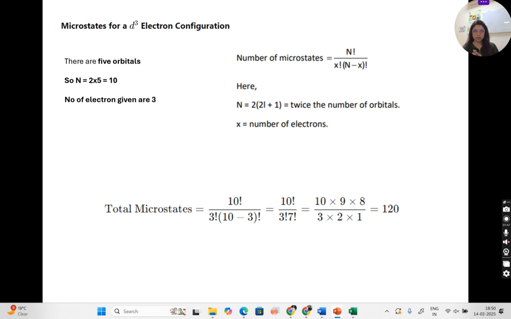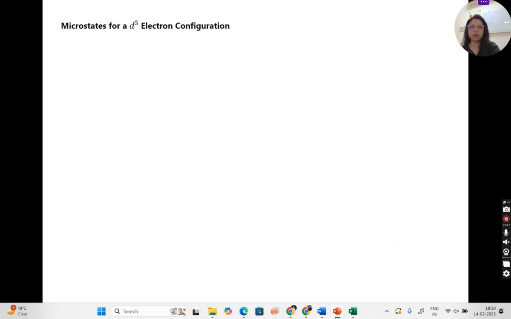Okay, as we don't have more questions for this, I will give you a question myself. Calculate the microstates for, let us suppose, f4. What will be the microstates for f4?